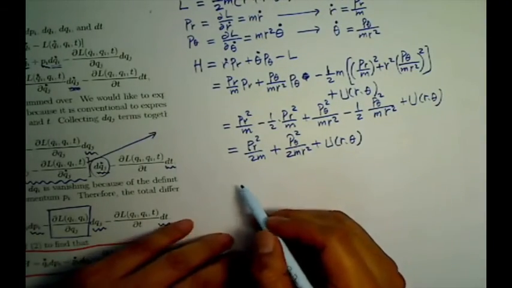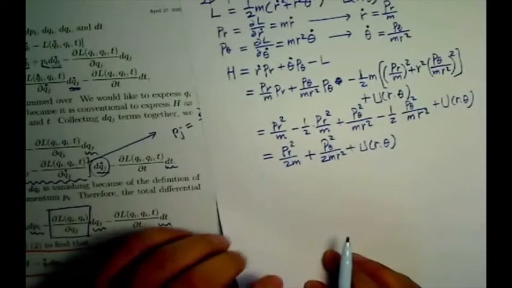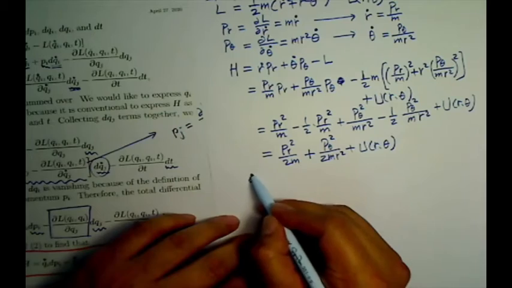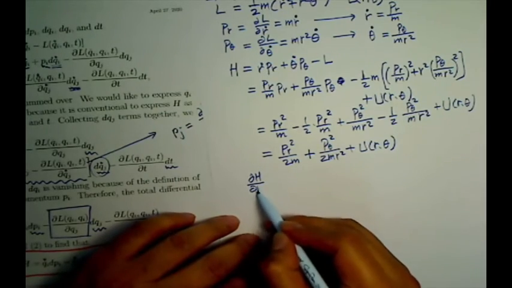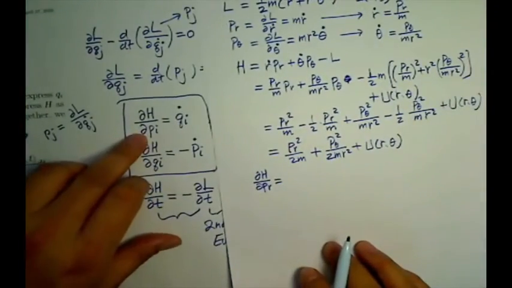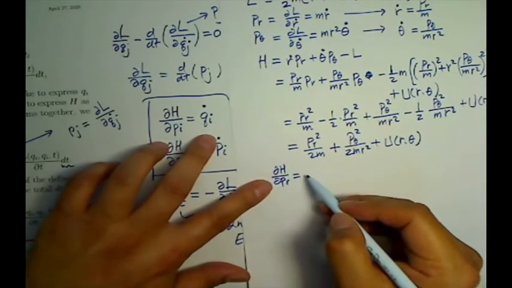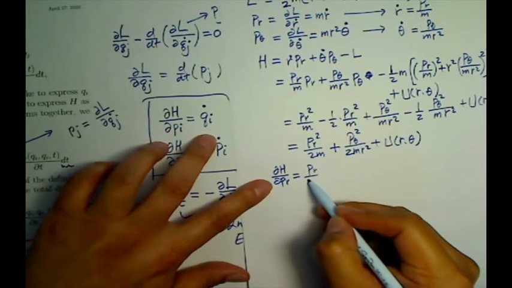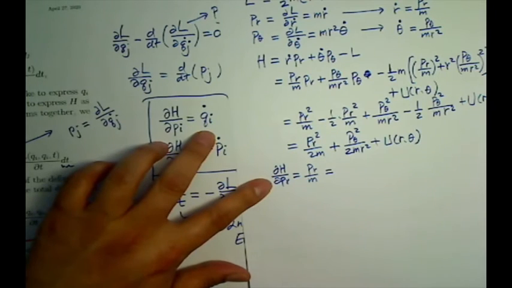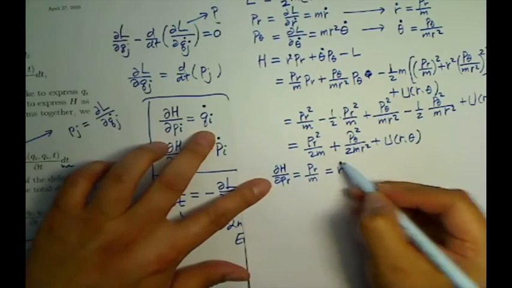As for Hamilton's equations, there are 4 of them. Partial H over partial p_r. Here, the derivative with respect to pi is qi dot. First, we carry out this calculation. This p_r over m equals r dot, right?